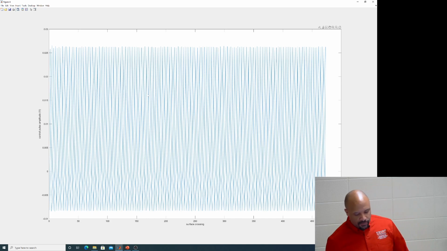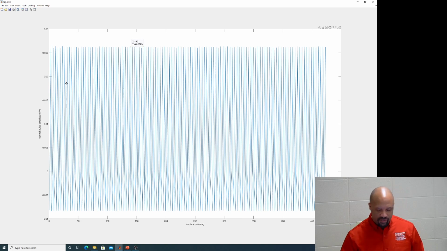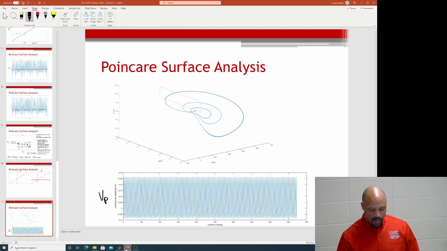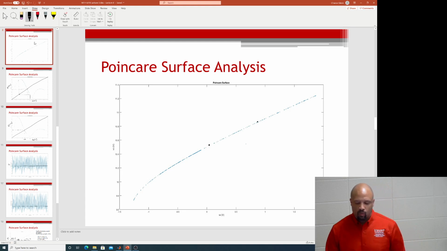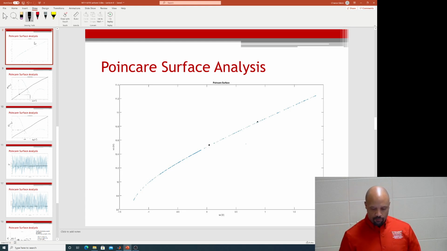All right. Now that's a very simple way to go about it. Let me go back here and look at the Poincaré surface again. Because what happens is that for the fixed points, let's go back to where they were, they're here, at roughly 10.4 and at minus 0.25. That is what we expect to find for period 1.